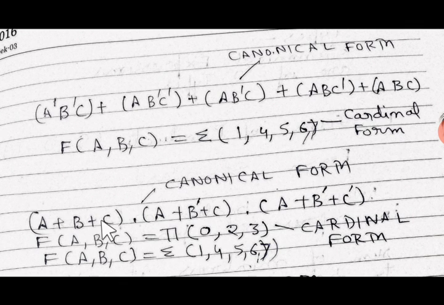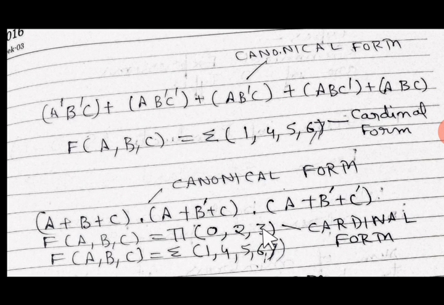Since a plus b plus c, and here no 0 is complemented, only ones are complemented, that simply means it is going to be 0 0 0. So that will produce 0. Okay, and this is the canonical form and this is the cardinal form when we have written the numbers.